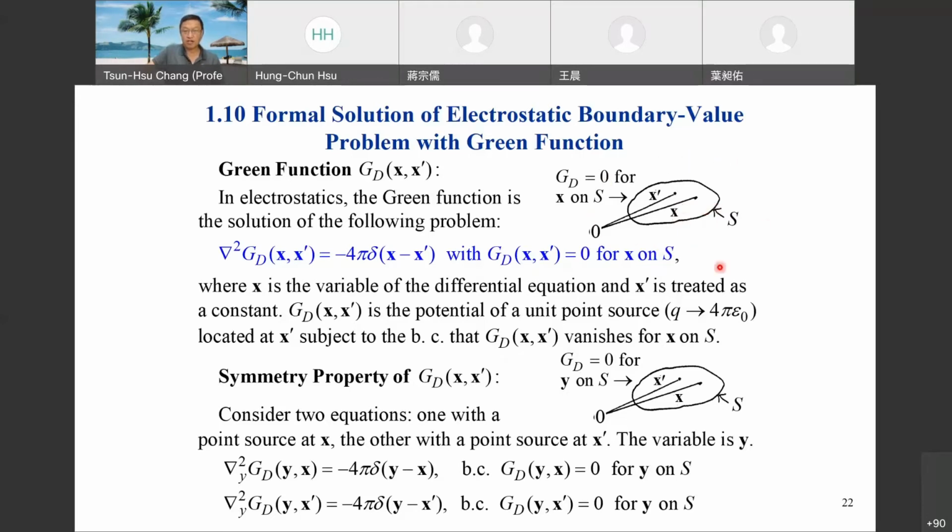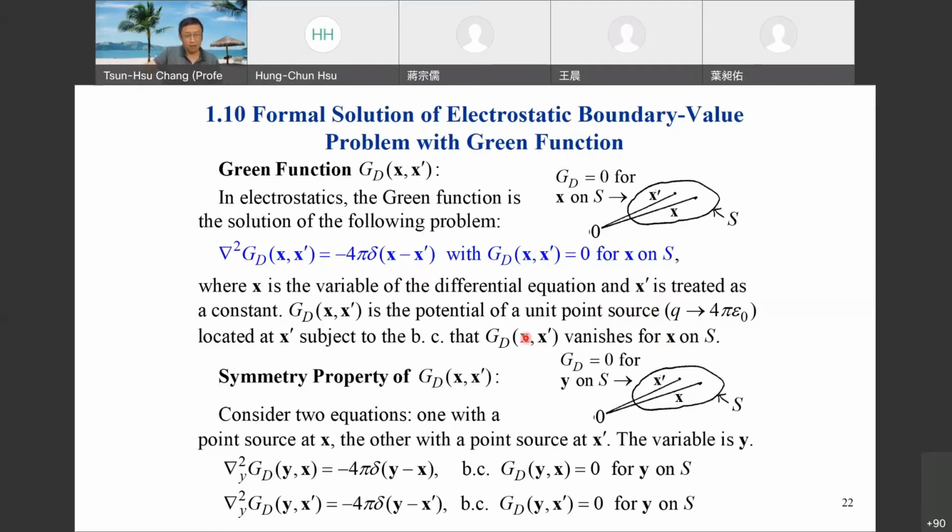So normally, x means observer. The observer is a variable. x prime means source point. And if you have multiple sources, a lot of sources, then you can perform the integration by considering all the contributions of the sources.